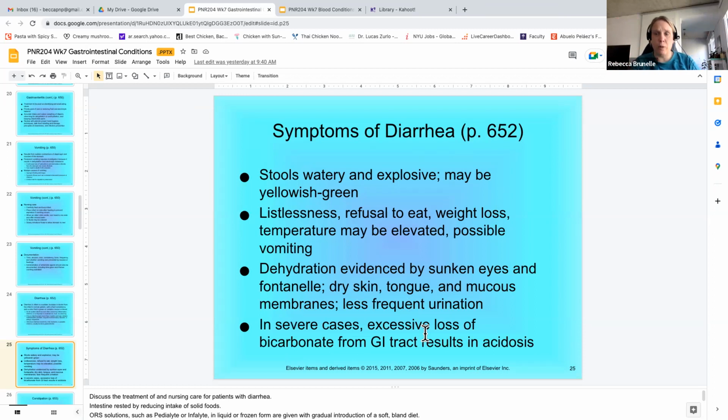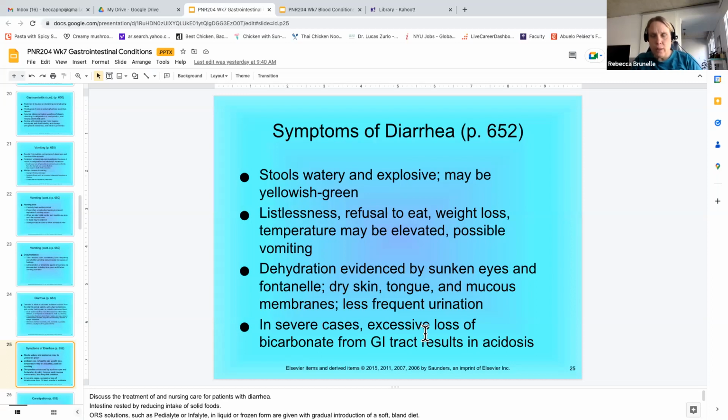If you are ever presented with a question asking what type of acid-base imbalance your patient is going to have if they have diarrhea, the correct answer is acidosis. And then what do you think for vomiting? Does vomiting cause acidosis or alkalosis? Alkalosis. So when you vomit, you lose acid because you vomit hydrochloric acid. If you lose too much acid, you end up with an alkalosis.